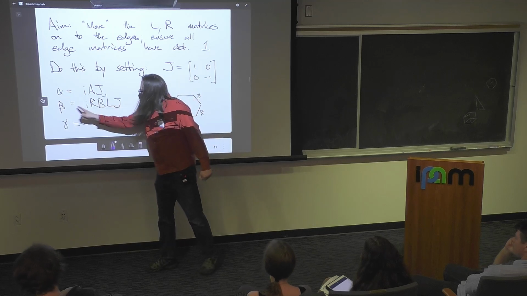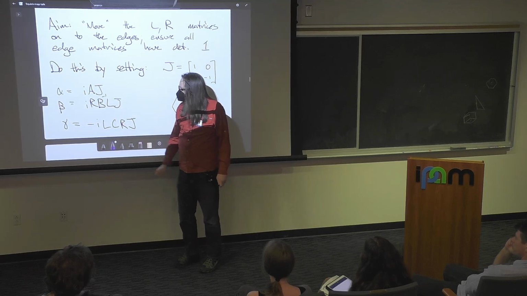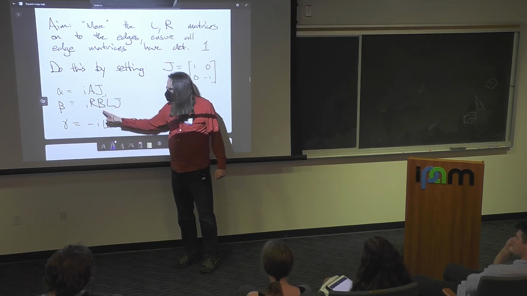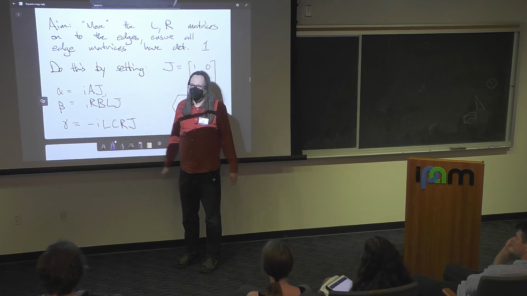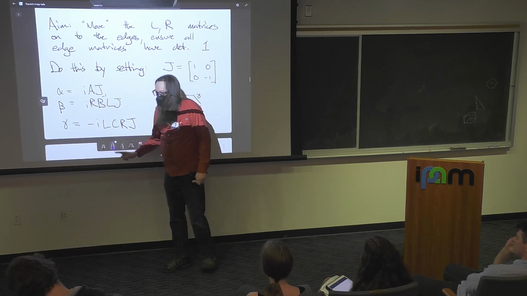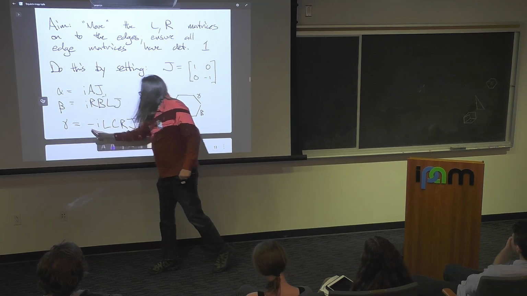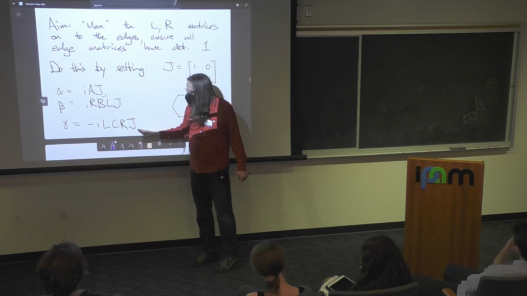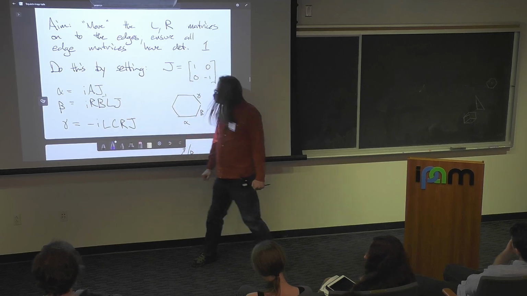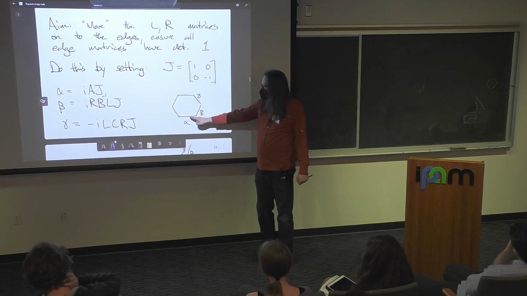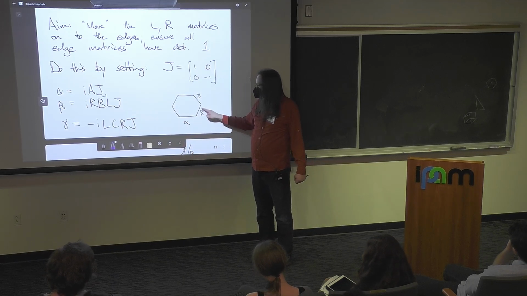Similarly, you set beta to be this particular product of the R and L matrices. Again, I think I have B inverted from the way it is in the paper. I'm sorry about that, I was being careless. And then gamma is just this particular product of these matrices. And then you write all of the alphas on an edge of this direction, all the betas there, all the gammas there.